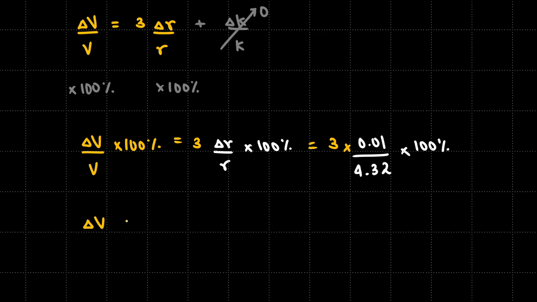I think this is a pretty simple calculation if you have a calculator, and even if you don't, you can do it by crunching the numbers. If I crunch the numbers in a calculator, I will get 0.694%.